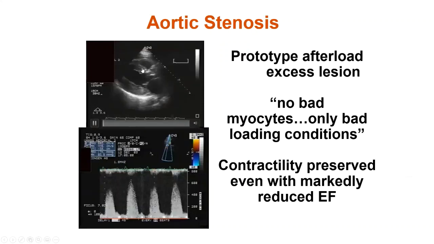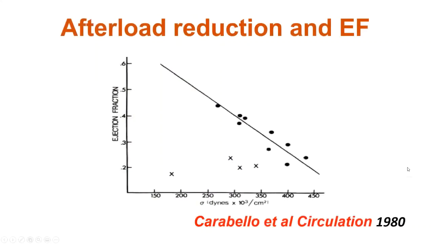So perfectly normal muscle under very adverse loading conditions, where the amount of remodeling of the ventricle and compensatory hypertrophy may cease to be adequate for the amount of load, can result in a reduced ejection fraction. And this relationship is shown here.